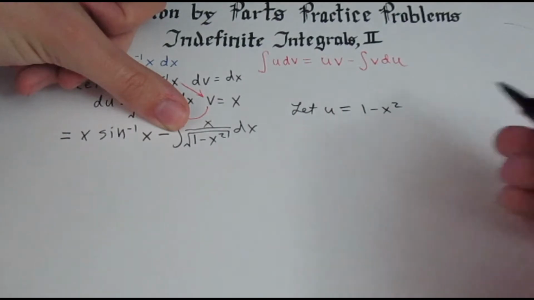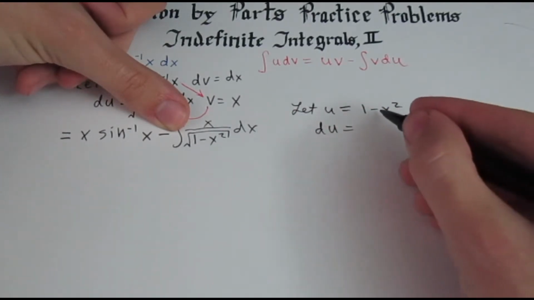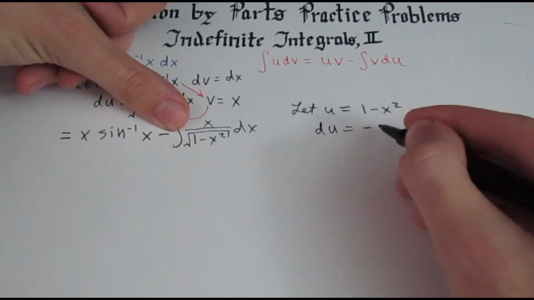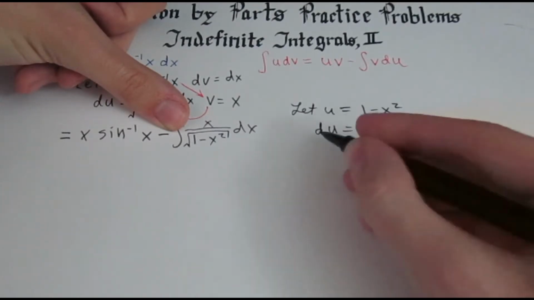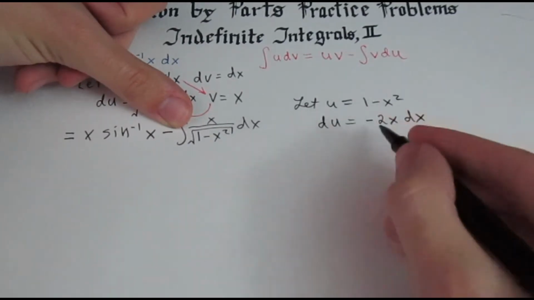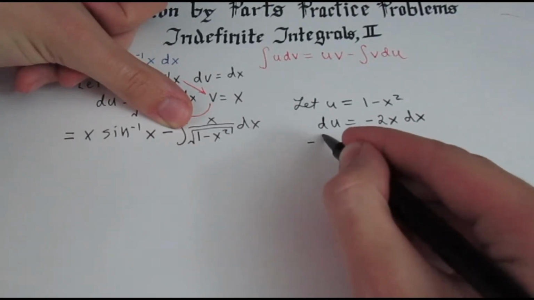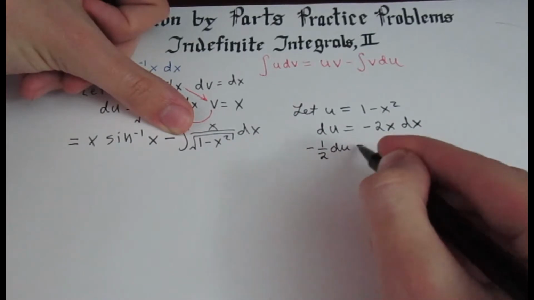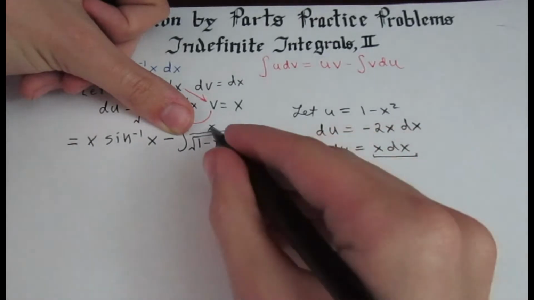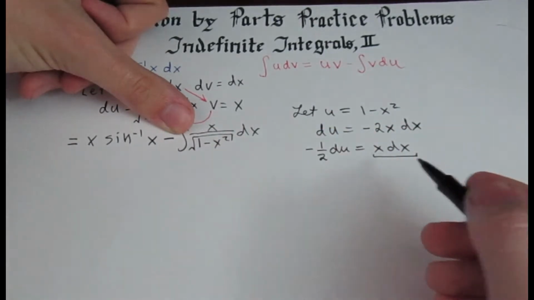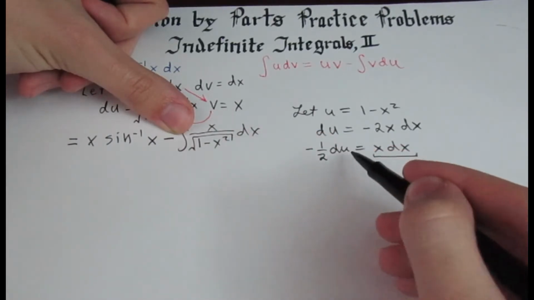When we do that, the derivative of a constant is 0, and the derivative of negative x squared is negative 2x. And don't forget the dx. So I'm going to divide both sides by negative 2. I have negative 1/2 du equals x dx. And what do we have here? We have an x dx right here, so we could substitute that for negative 1/2 du.